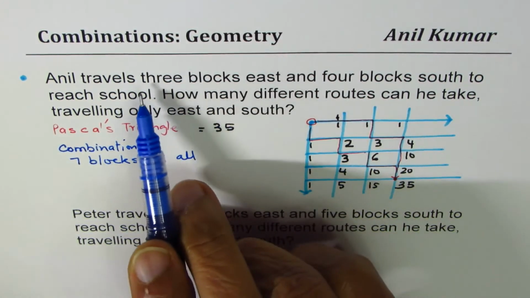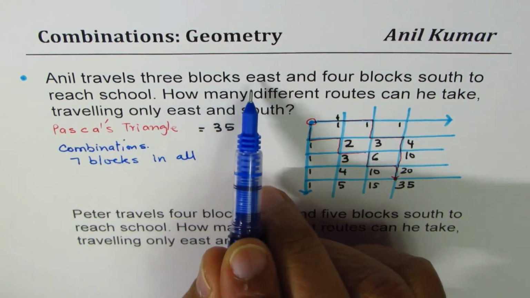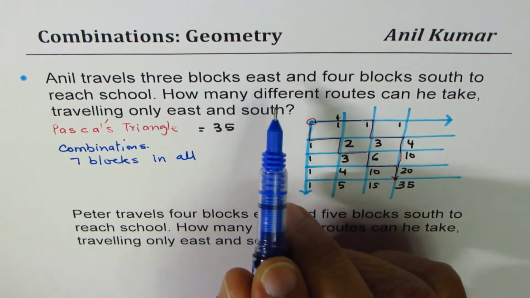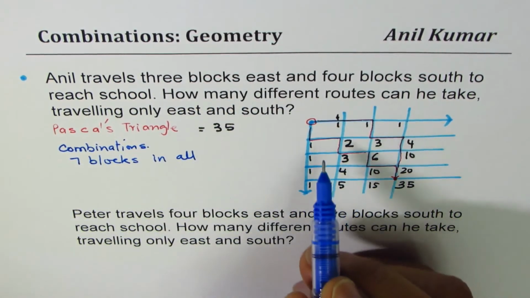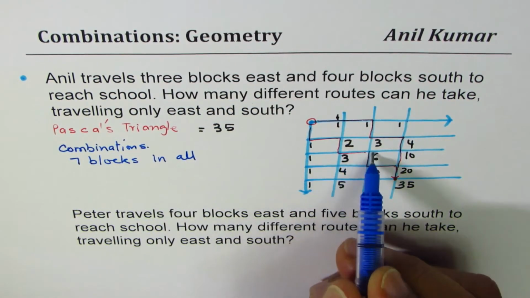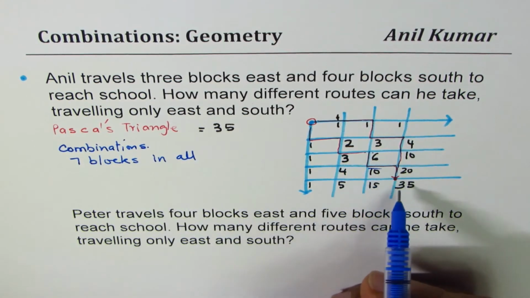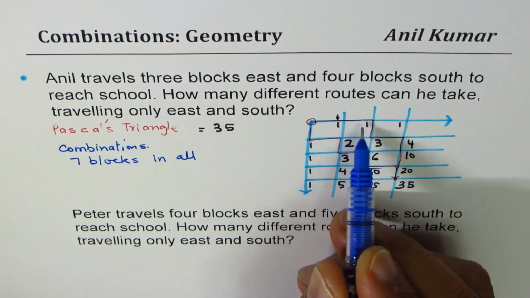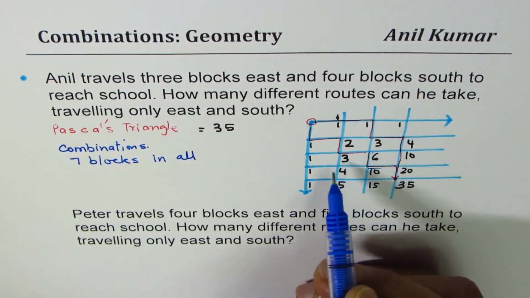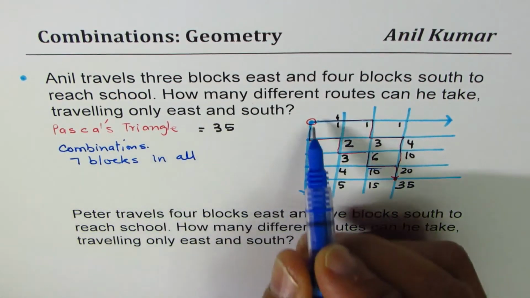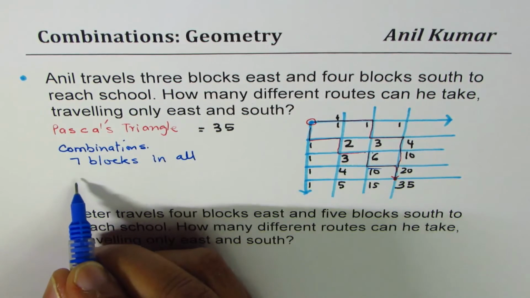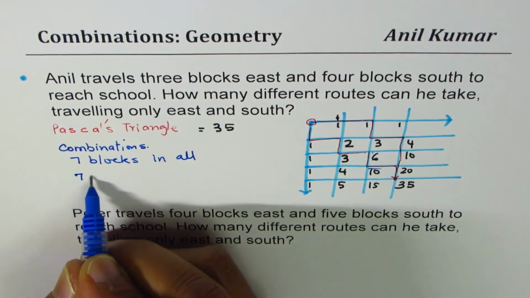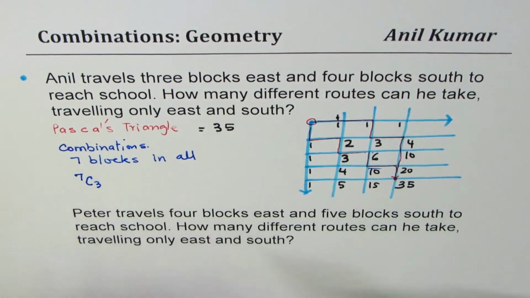Now it says Anil travels 3 blocks east. So let us say first he travels in the east direction. It could be any east, this east, that east, whatever, but 3 times east. You get my point. It could be east, east, east, correct? So 3 times east. So the combination of traveling east with total 7 blocks of traveling will be 7C3.